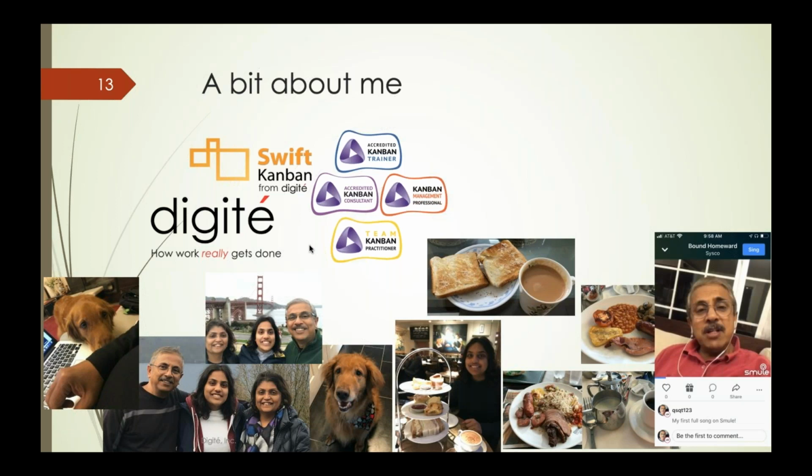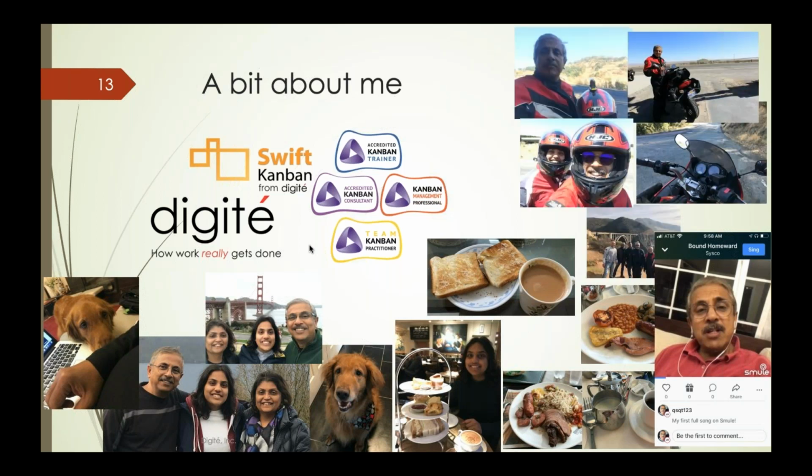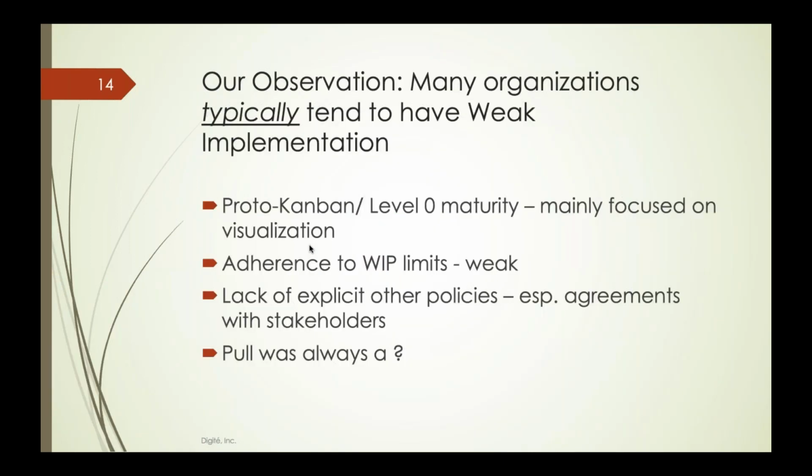Recently I discovered this application called Smule. If you haven't found it, and if you are a karaoke singer like me, you would love to try that application out and sing with a bunch of people around the world. And finally, of course, a little bit about my extracurricular activities. I like to ride a bike, and every now and then I get a chance to go around here in the Bay Area, a beautiful place for that, as well as longer trips.